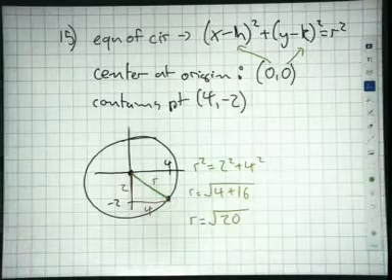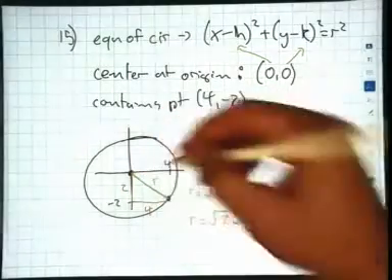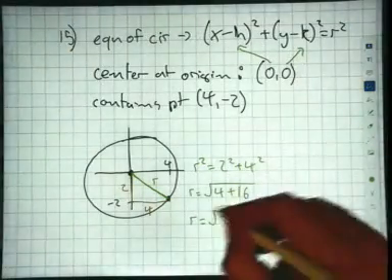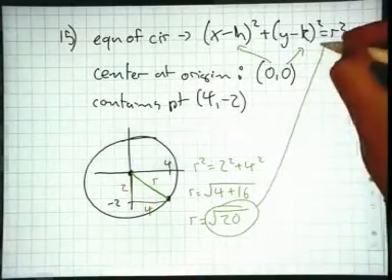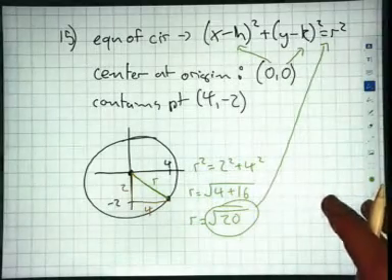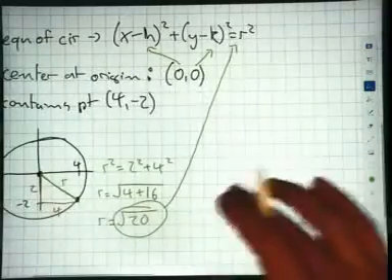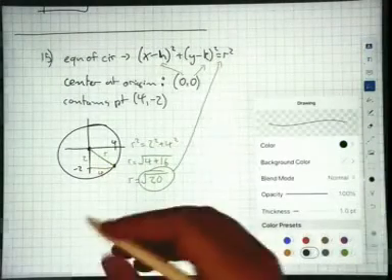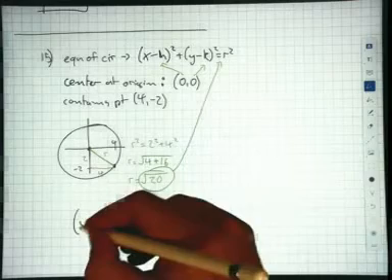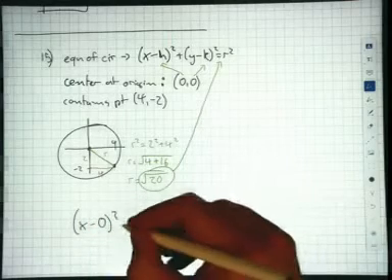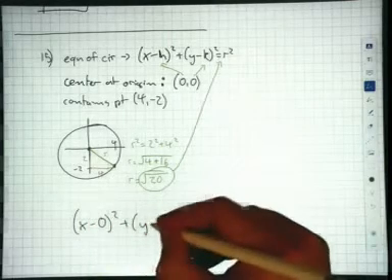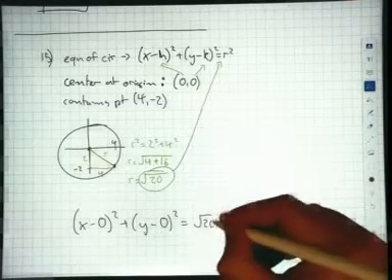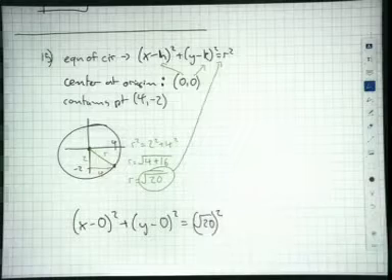That's our radius. This length from here to here is the square root of 20. So we get to now plug in 20 for our r. So let's fill everything in now. We have x minus 0 quantity squared plus y minus 0 quantity squared is equal to the square root of 20 quantity squared.